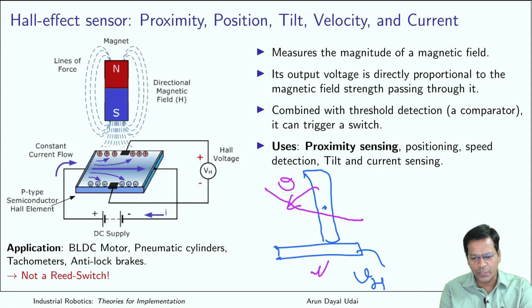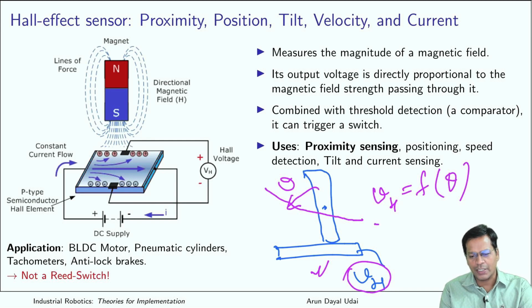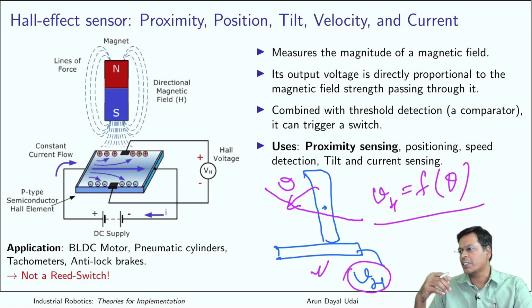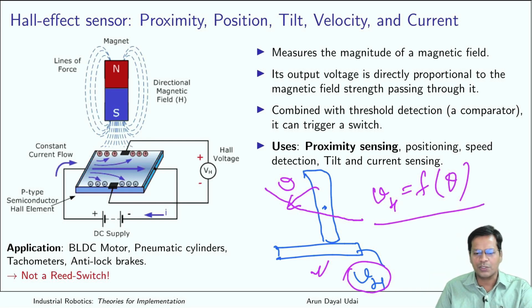Changes in the field will cause changes in the Hall voltage. So the Hall voltage is a function of angle theta. If you can detect that function using some calibration experiment, you can use this to find tilt also.